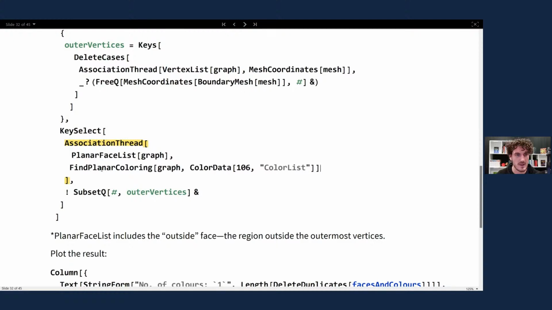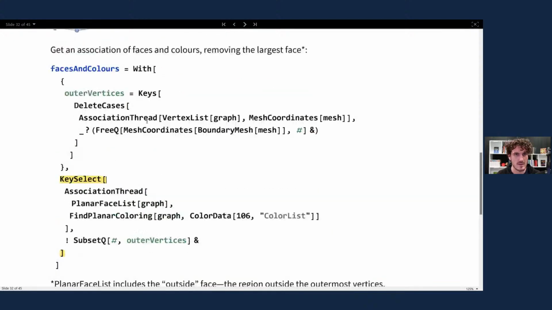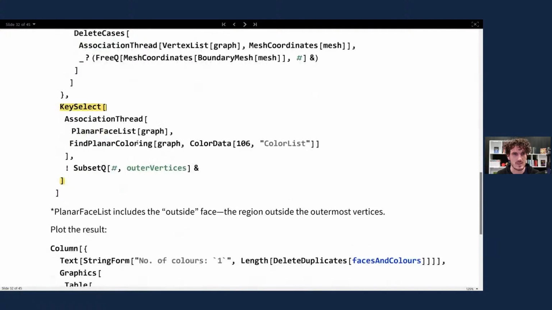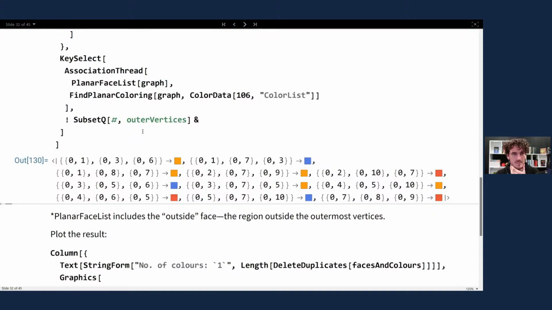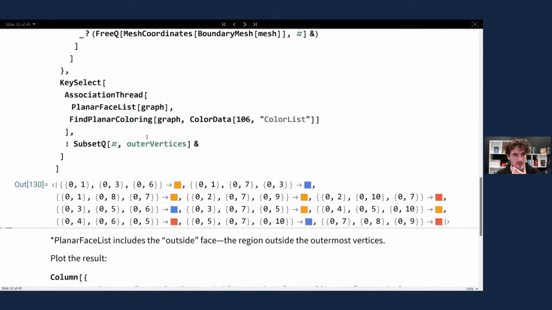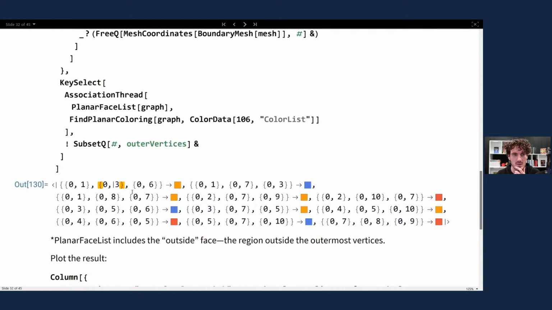Okay. We're making sure that we select vertices that are the outer vertices. Okay, cool. So as you can see, these three vertices represent a face: 0, 1, 0, 3, 0, 6.